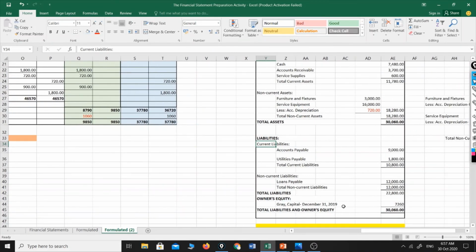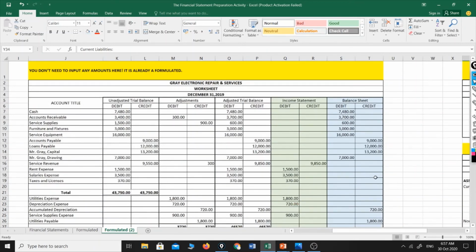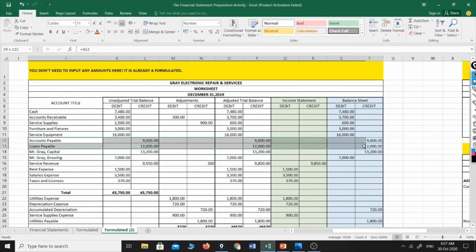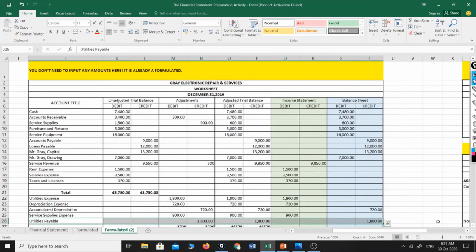So we will go back to our worksheet and see what liabilities the company owes. We have accounts payable here, and we also have loans payable and utilities payable.